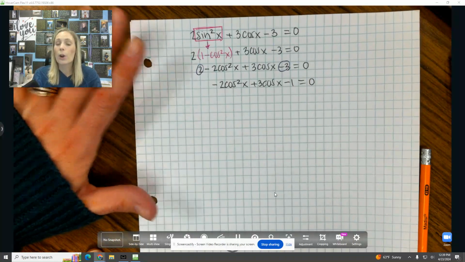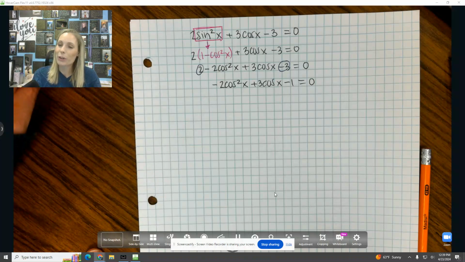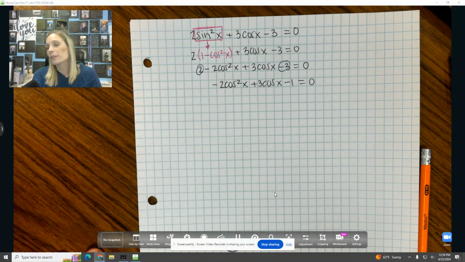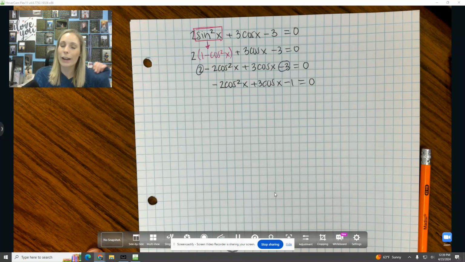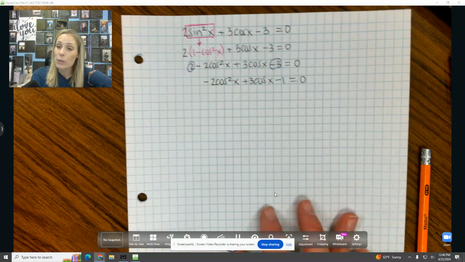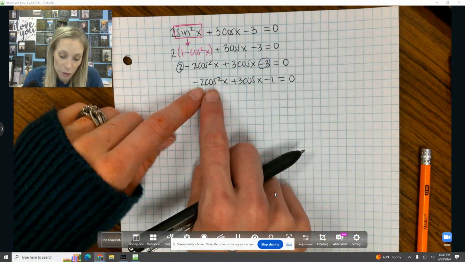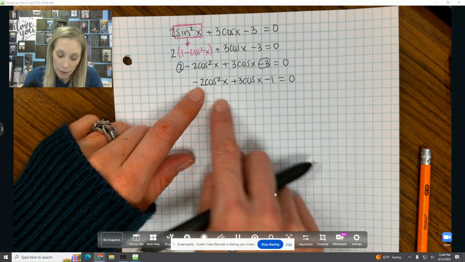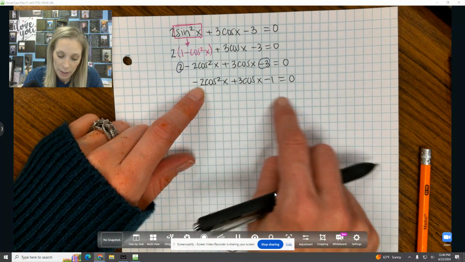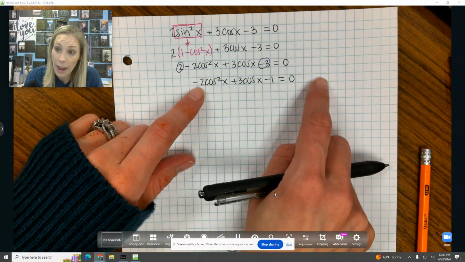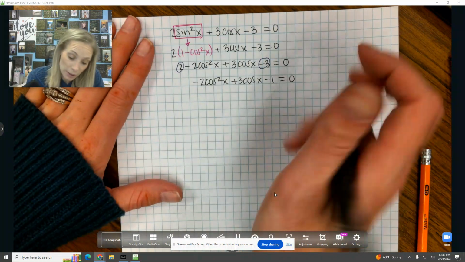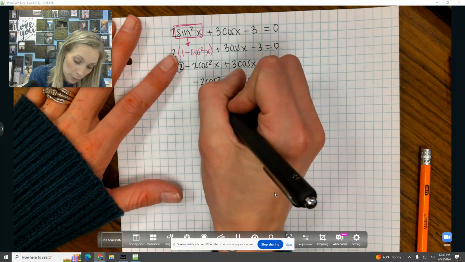At this point, we have a lot of different routes that we can go. Some of you are great at factoring, and you're just going to factor right here, and that negative in the front is not going to bother you. For me, I really don't like that negative being in the front. So what you can do is add this to that side, subtract, and add, and you're going to be left with 0 over here.